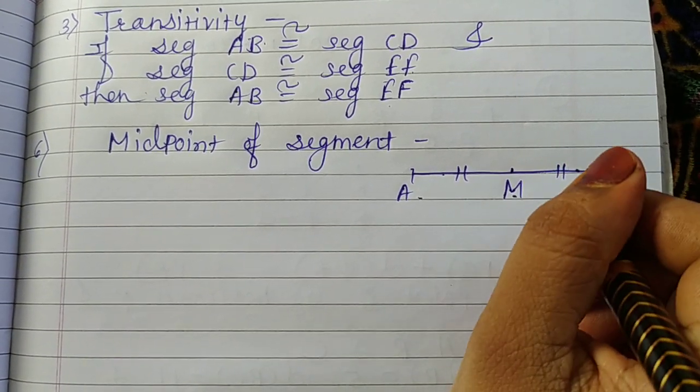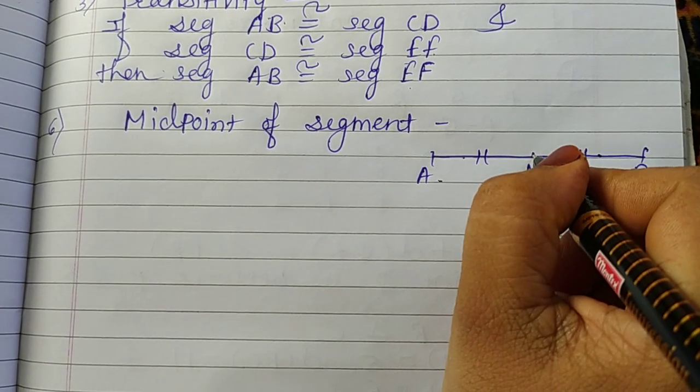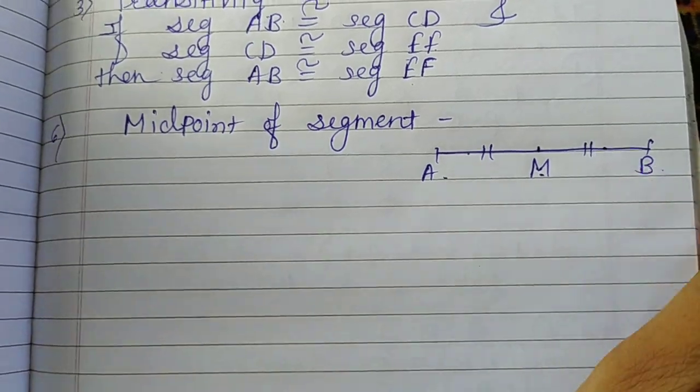एक ही midpoint होगा कोई भी line को. Yes, because the point which divides the given line into two equal parts.